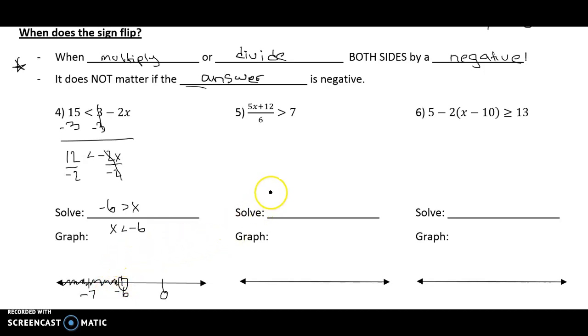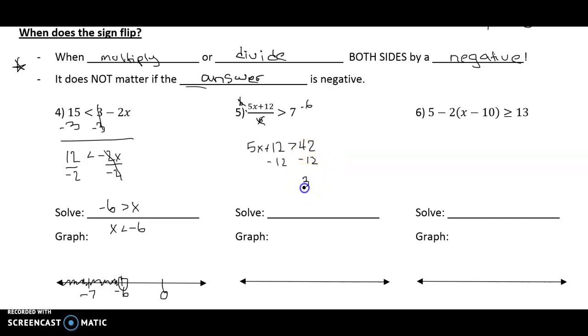Okay. Last 2 here. Looking at this problem, how do I clear a fraction? Multiply by 6 on both sides. Okay, just a reminder on how to do that. So those are both gone. Okay, so I'm just left with 5x plus 12 is greater than, that would give me 42. Okay, now it's just like a regular algebraic problem.